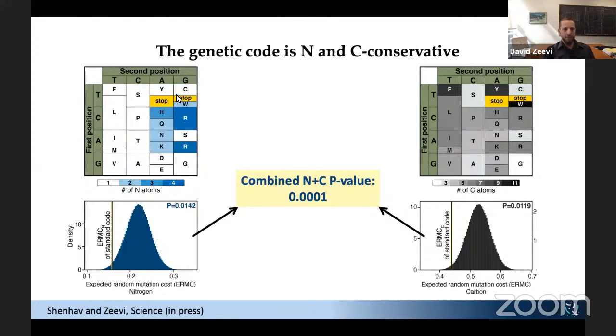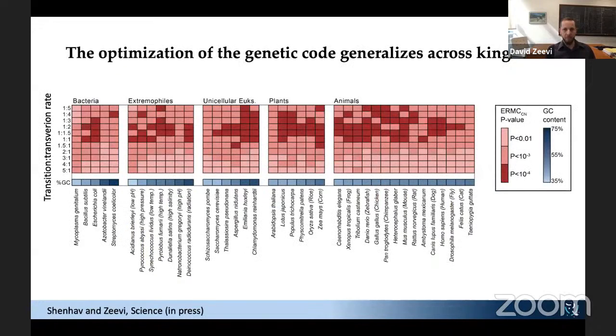Now, this was done with the abundances of codons calculated from marine microbes, and we wanted to see how it extends to abundances of codons from all domains of life. So we recalculated it with codon abundances across 5 kingdoms.